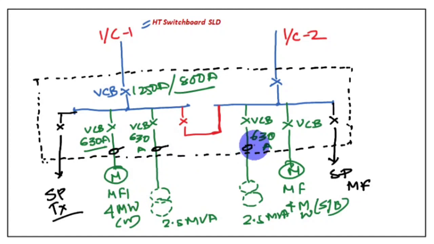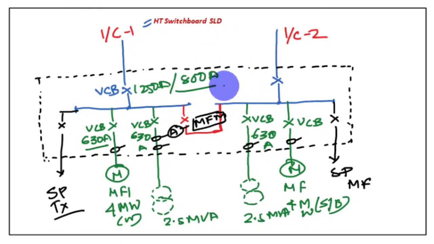Similarly here also through a CT you will give these protections, and there will be another CT which will give you the meters like ammeter, MFM, etc. So this will be connected here. So this is how the SLD is represented.